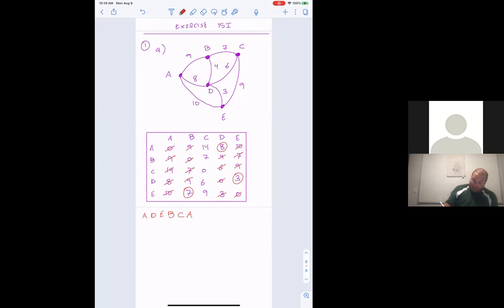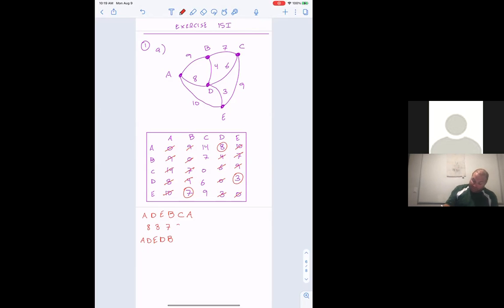So A to D is 8. I can do that directly. D to E is also direct. That's 3. E to B is not direct, so I've got to go back through D to get to B. I can write 7 for the EB connection, even though it's broken down to 3 and 4.